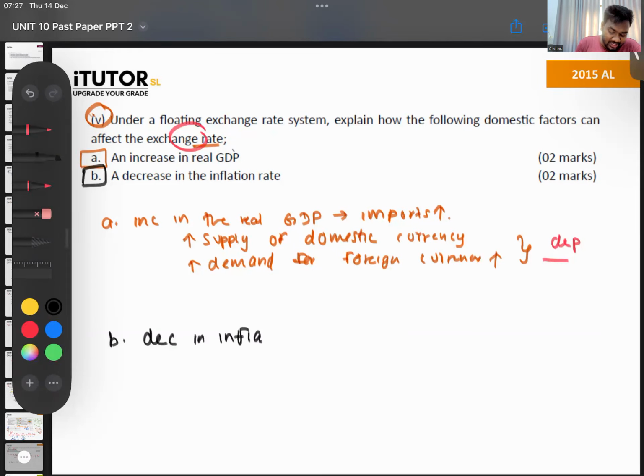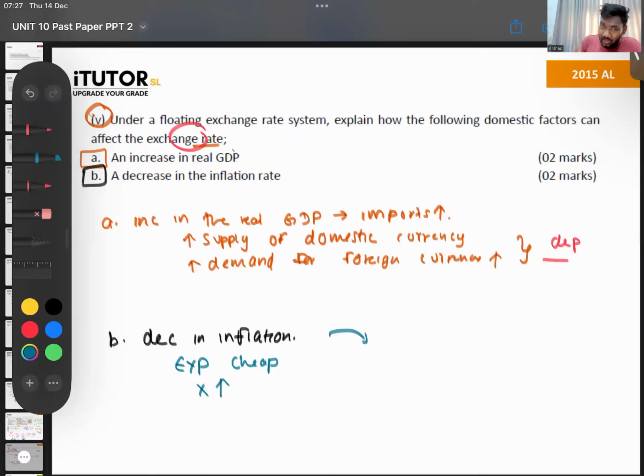What happens to your exports when there is a decrease in inflation? There are two sides. You can even talk about the imports. When there is a decrease in inflation level, your exports become cheap, no? Exports become cheap. So then your exports will increase. On the same side, when your country's inflation comes down, will you buy goods from the foreign country?